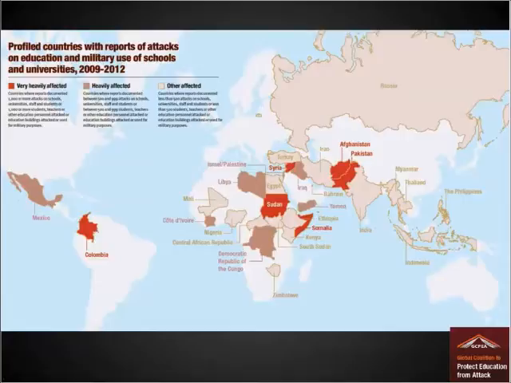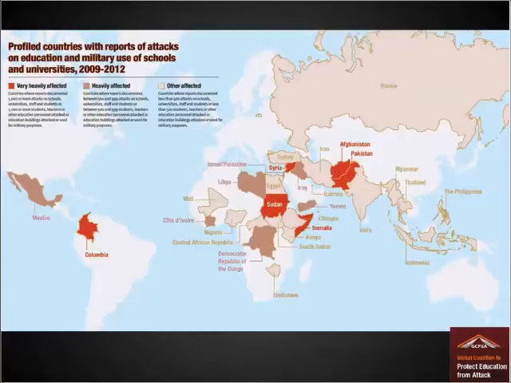And this was more than had ever been documented before, and we're not really sure whether that's due to better monitoring and reporting or better research or due to an actual increase in attacks. But we're also producing a follow-up report that will be Education Under Attack 2018, and our preliminary results have found that these attacks have not abated in any way, and of course there are now other countries where attacks are taking place, such as Ukraine.